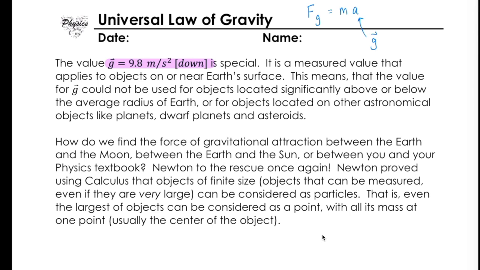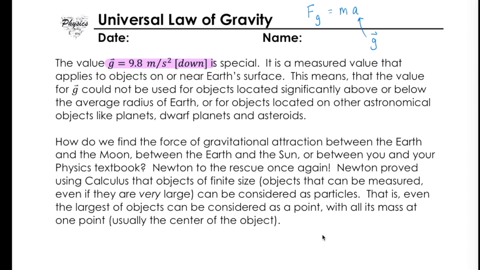But this value of gravity does not always work for all different objects in space, such as the sun, different planets, and things like that. And it actually is not a constant if you are significantly above or below the average radius of the Earth.